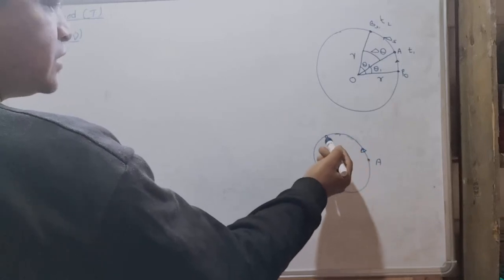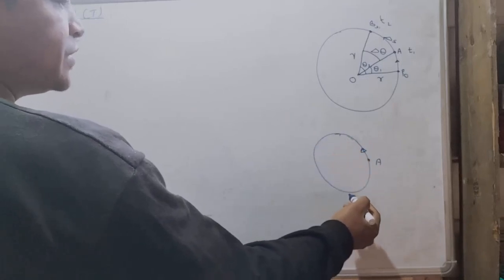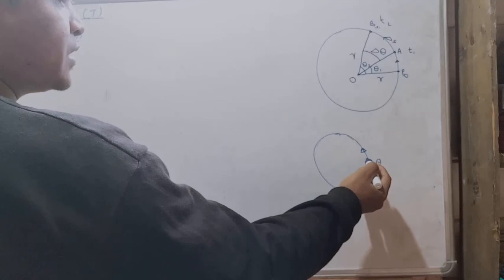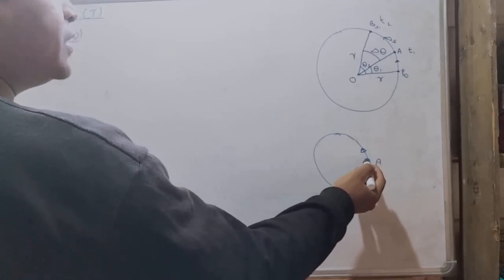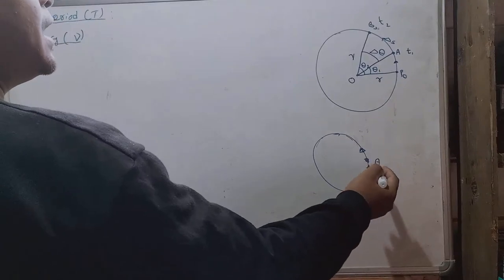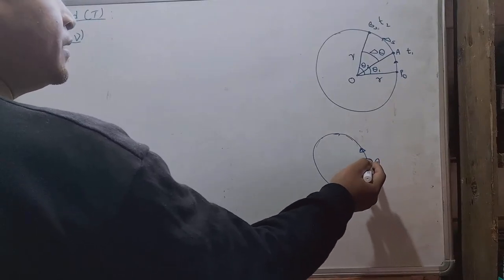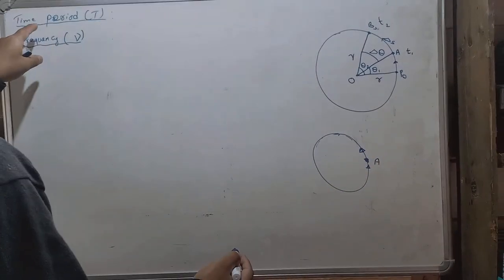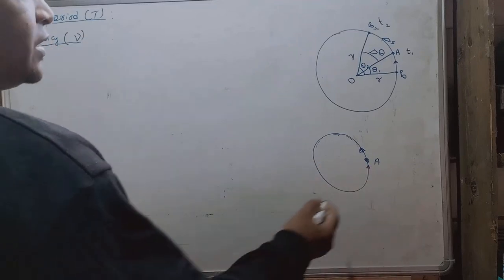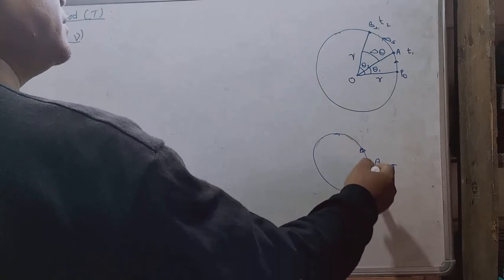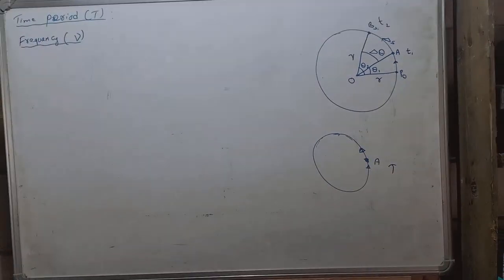As it rotates, the time increases, and when the particle comes back to point A, it has completed one revolution. The time taken to complete this one revolution is known as the time period, and we denote it by capital T.